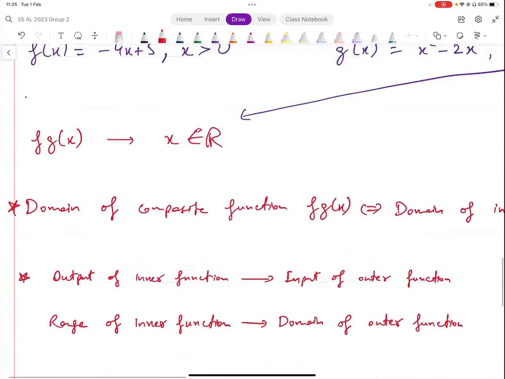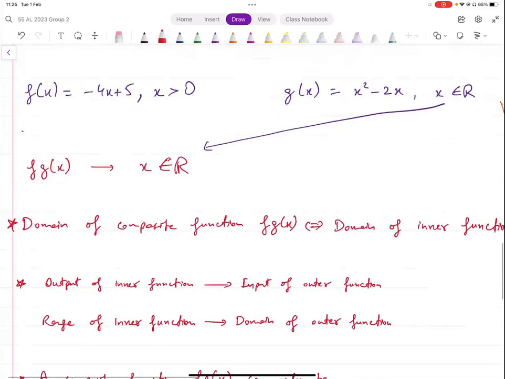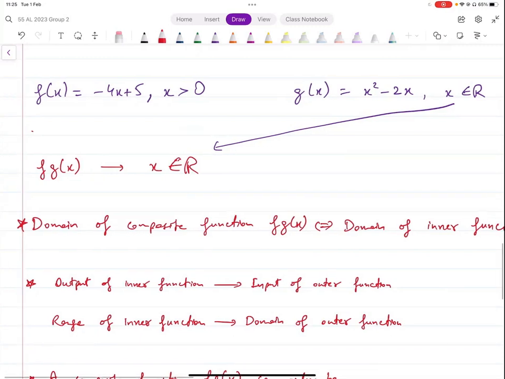There's no conflict here. Domain for what? In this case, if it existed, yes, it will be all real values.